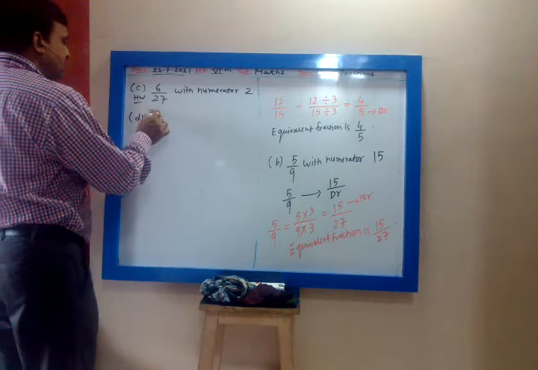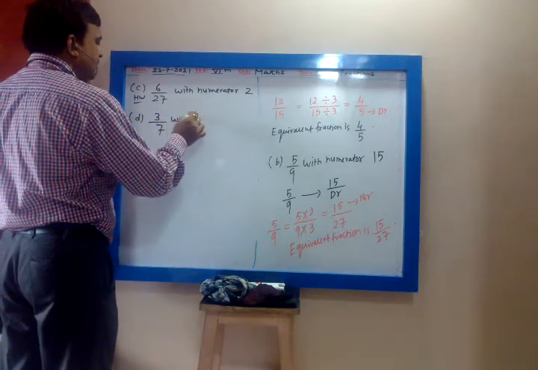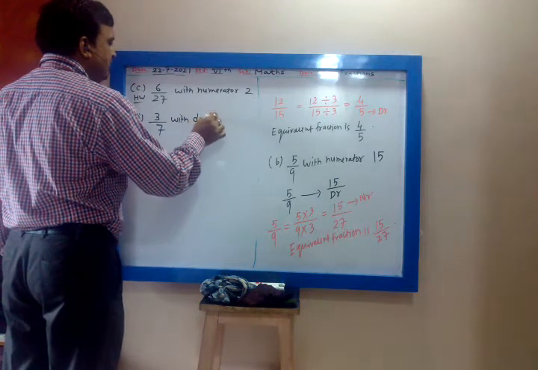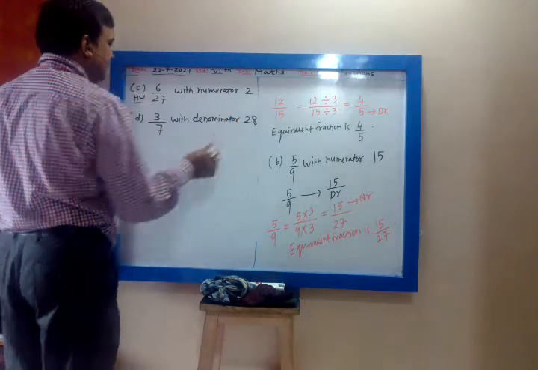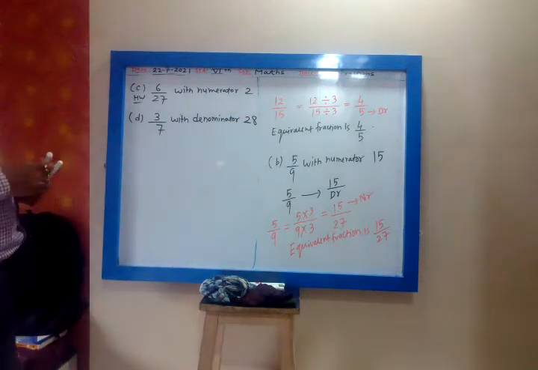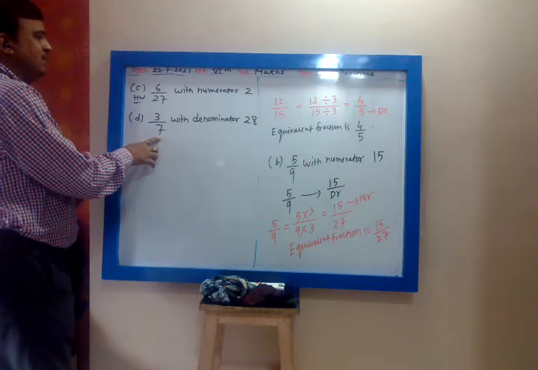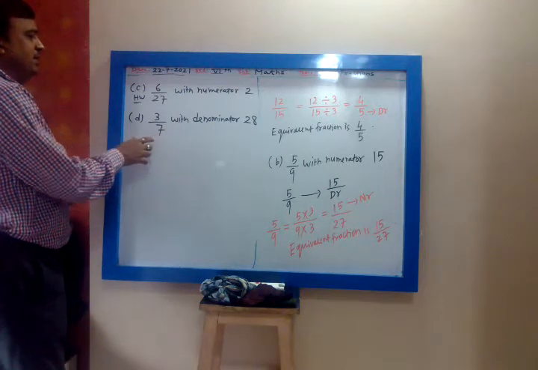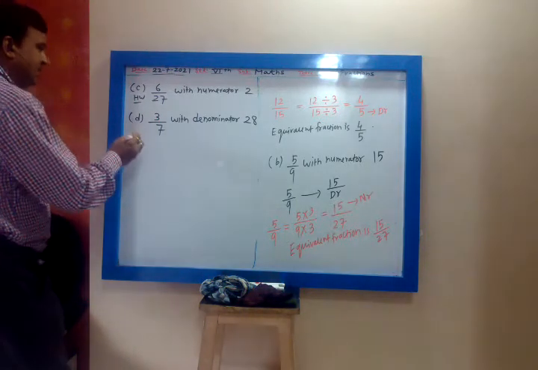3 upon 7 with denominator 28. Now you want the denominator 28. What is my denominator? 7, no? So what you will do? Multiply by 4.